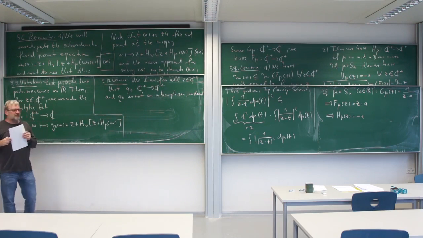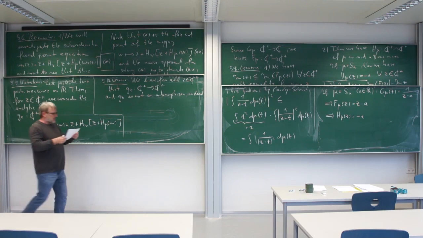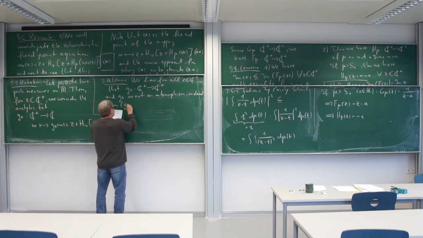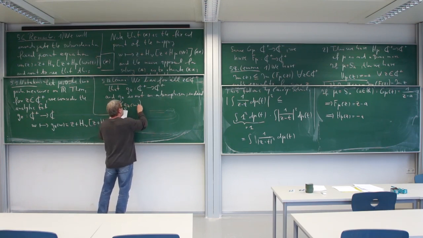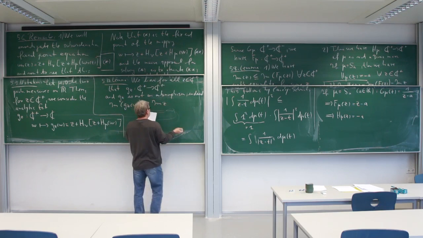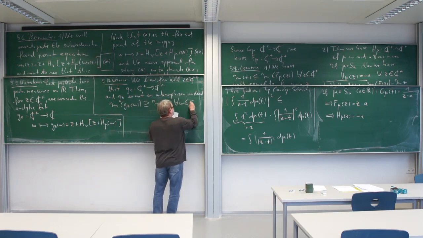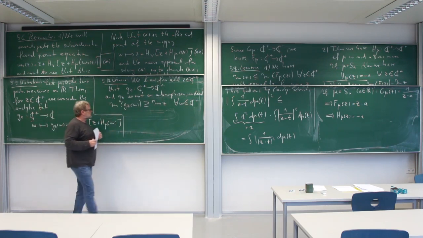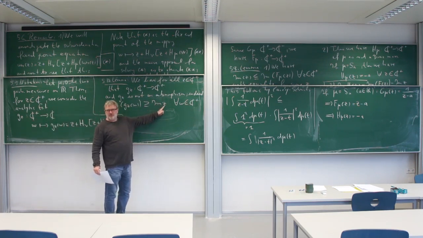And indeed, to see this, it's enough to see that it's not bijective. And for this, it is enough to see that the upper half plane is mapped to something which is not all of the upper half plane. And this we can see if we have the estimate that the imaginary part of G_z of w is always greater or equal to the imaginary part of z. So this is the imaginary part of z, which is fixed here.